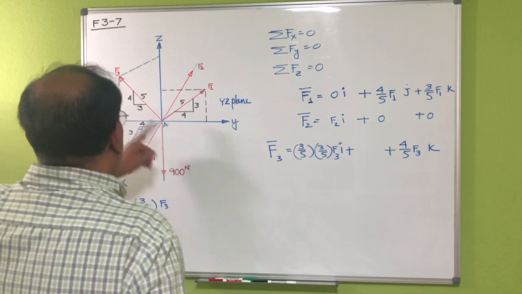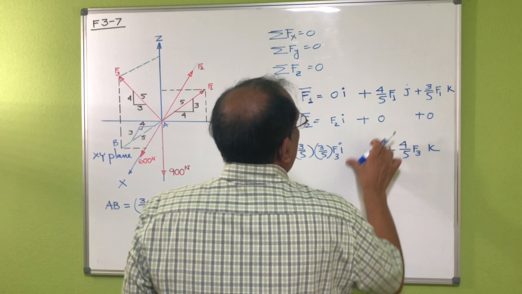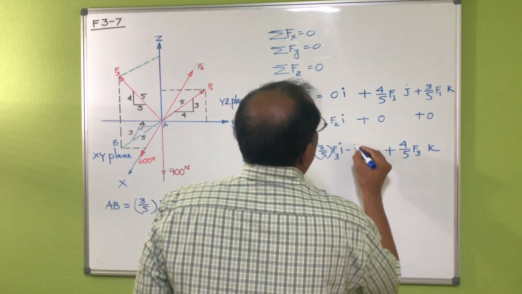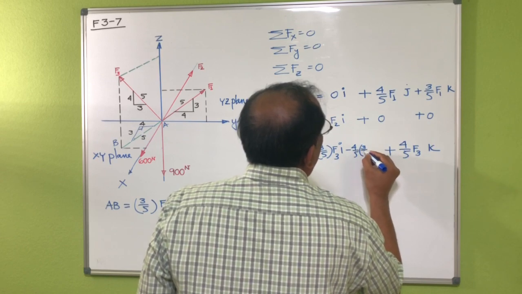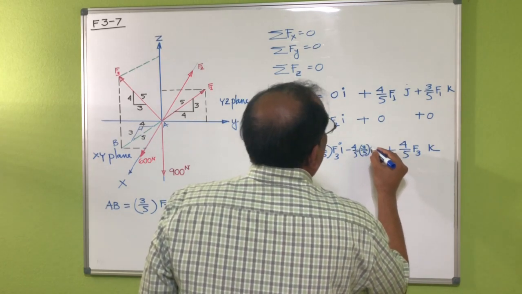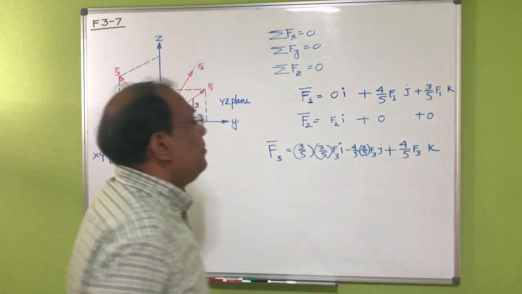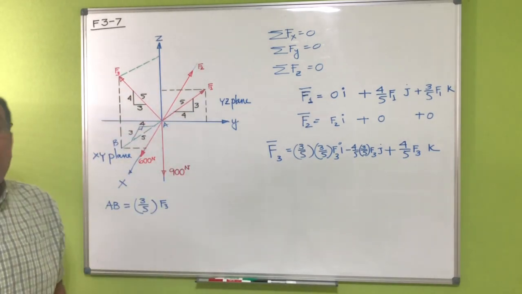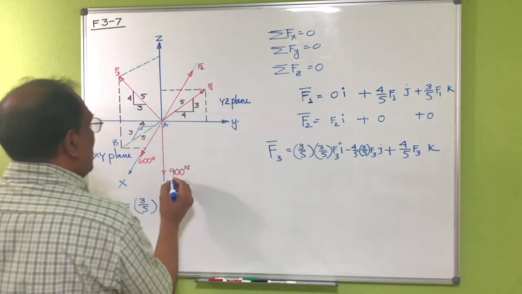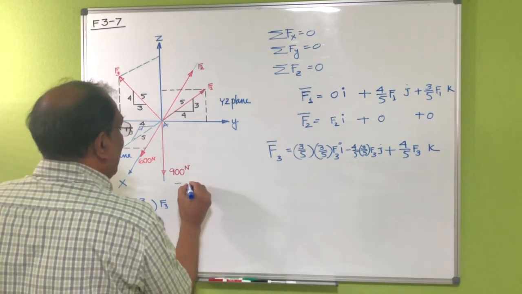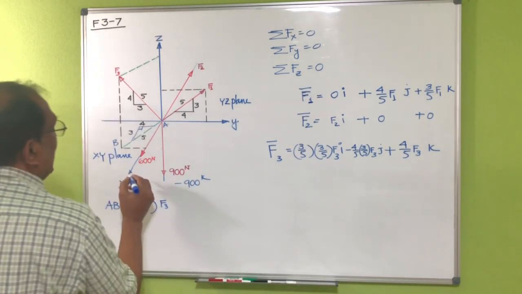Then y is negative here, so I'll put negative 4/5 of AB, which is 4/5 of 3/5 of F3. So that's my F3 here. Then this force is minus 900k, and this one is 600i.